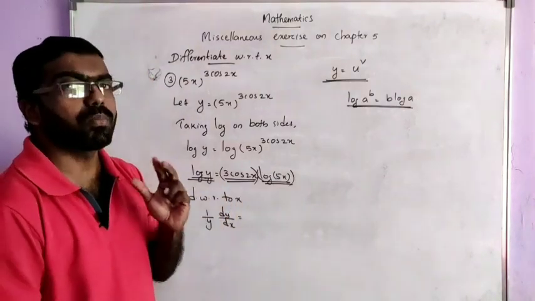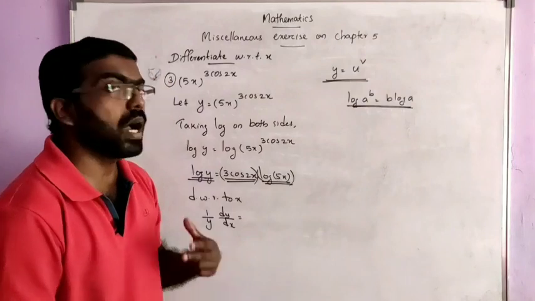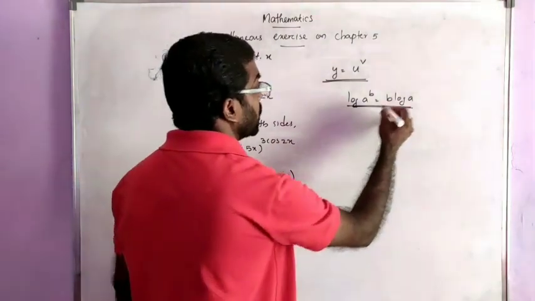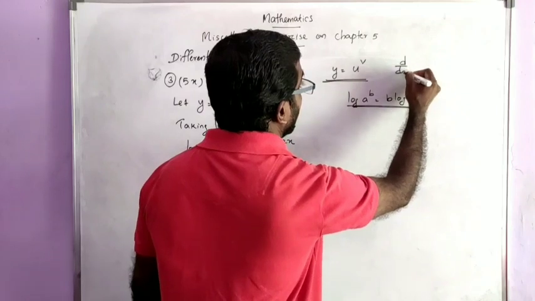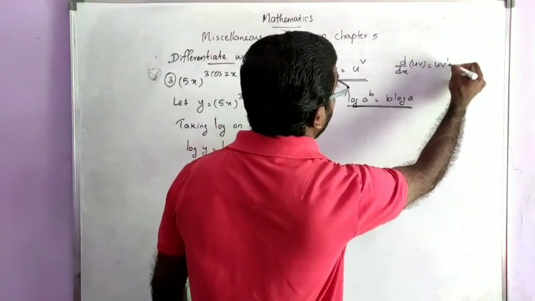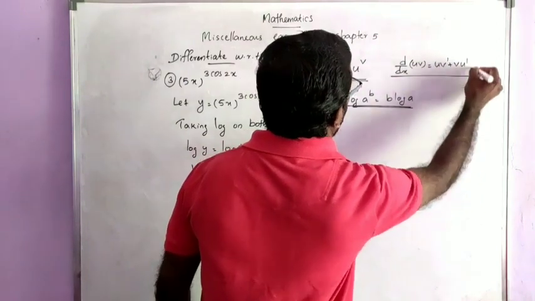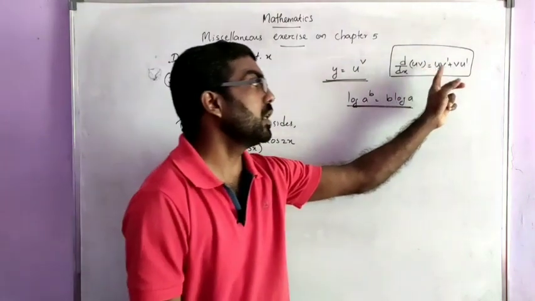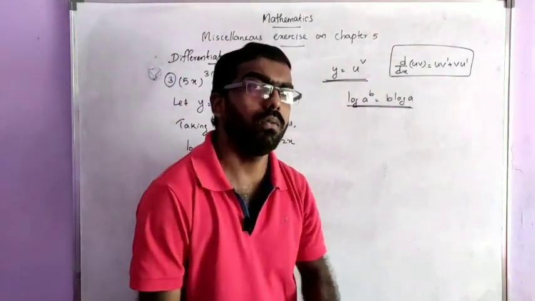Whenever we are dealing with the product of two functions we have to apply the product rule, that is d by dx of uv is equal to uv' plus vu'. Okay, that is what is called the product rule. First into derivative of second plus second into derivative of first.